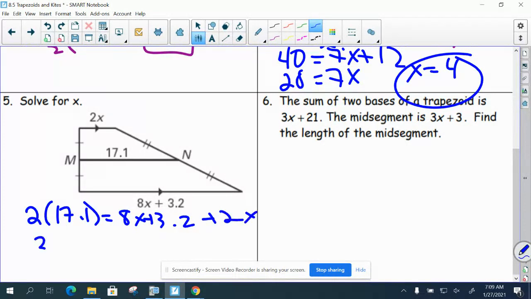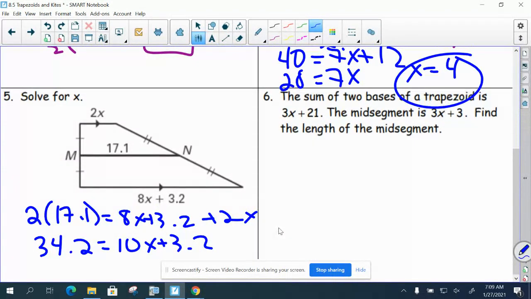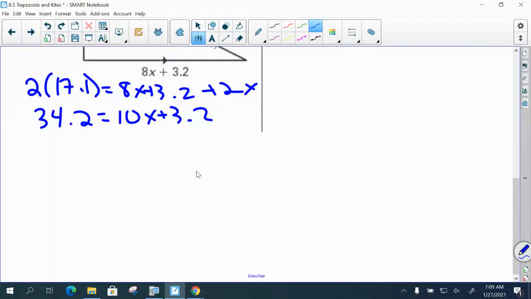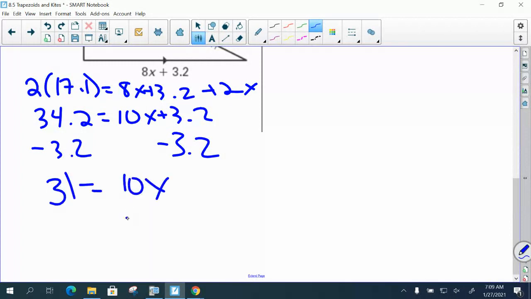So this would be 34.2 equals 10x plus 3.2, minus 3.2 gives us 31, so x is 3.1.